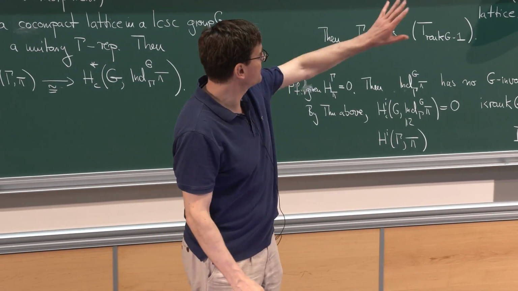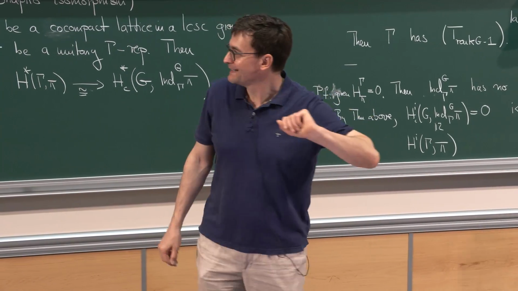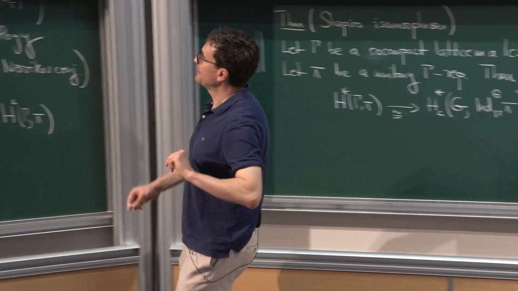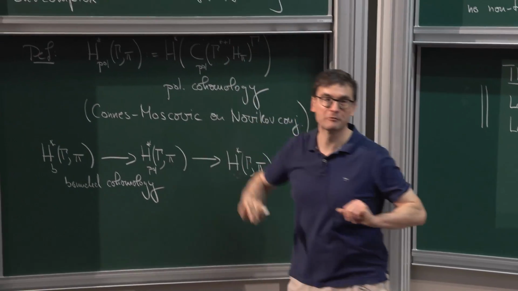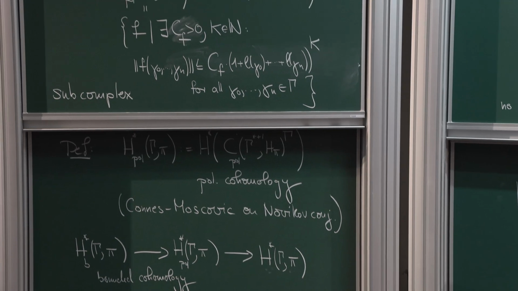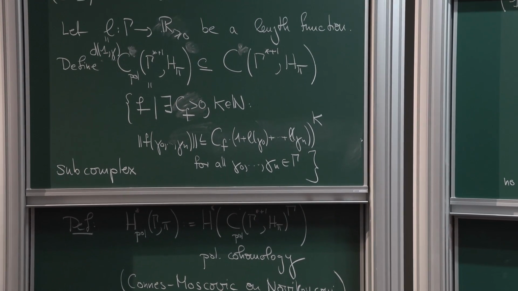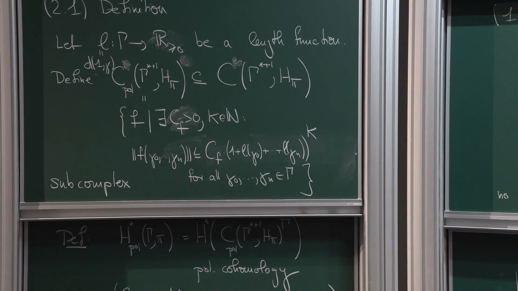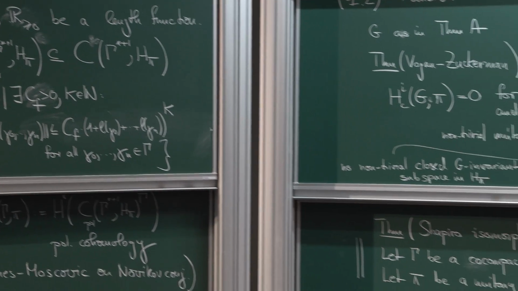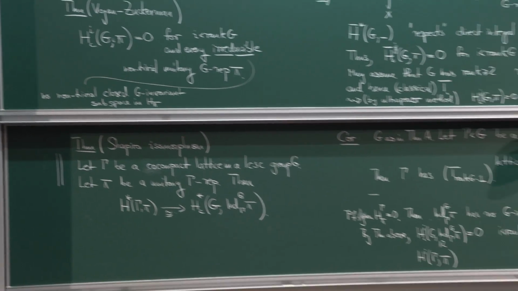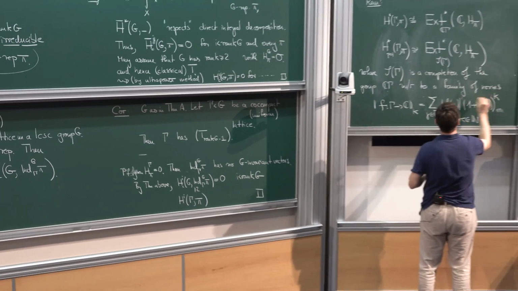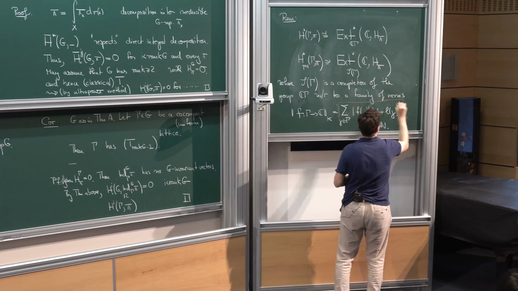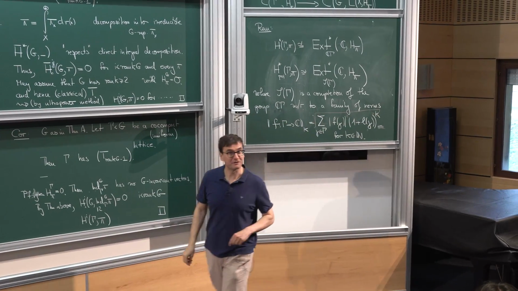And I wanted to mention that because I could imagine that some of you have seen similar growth conditions previously. For example, instead of that, let me put it in red, you could take squares here and take kind of an L2 norm.